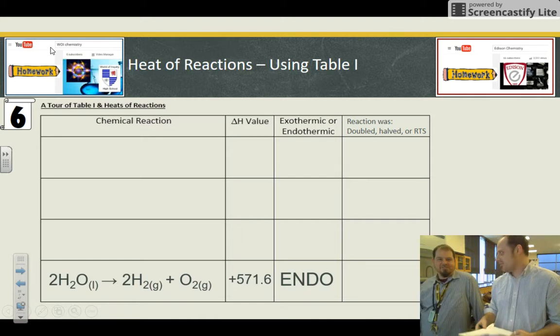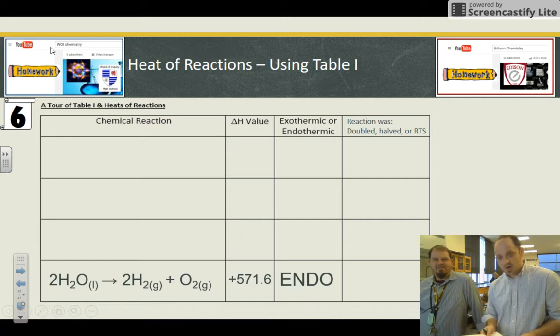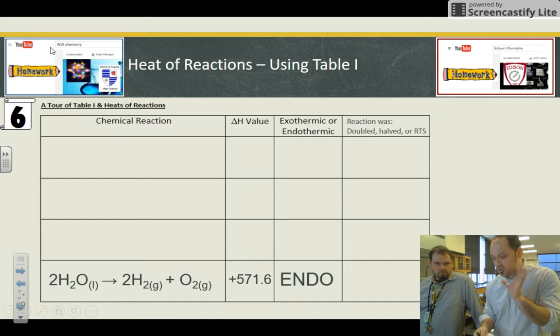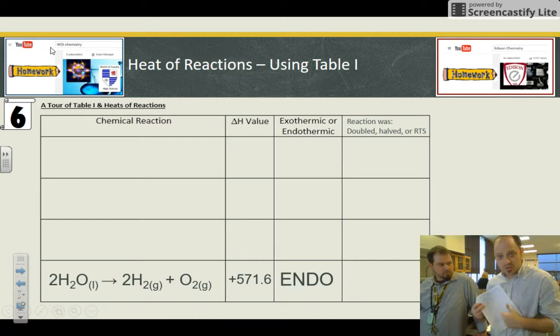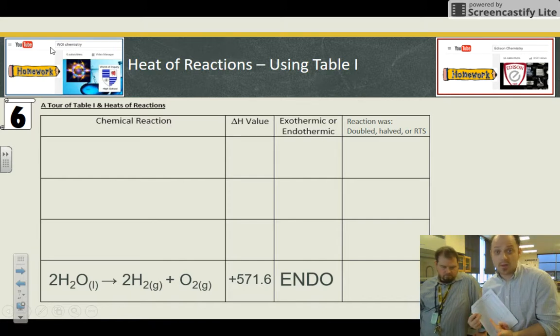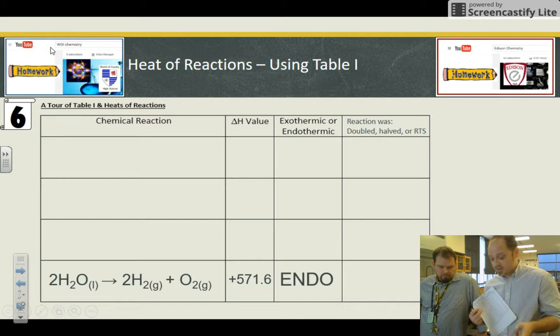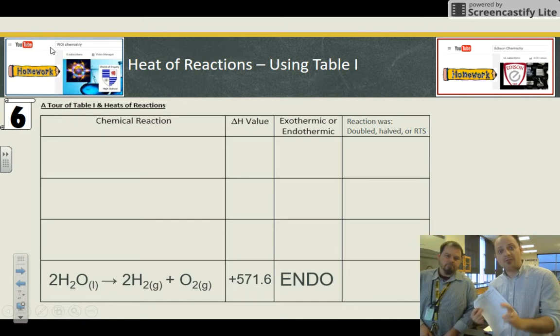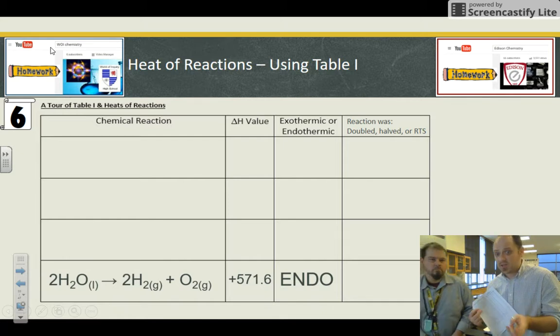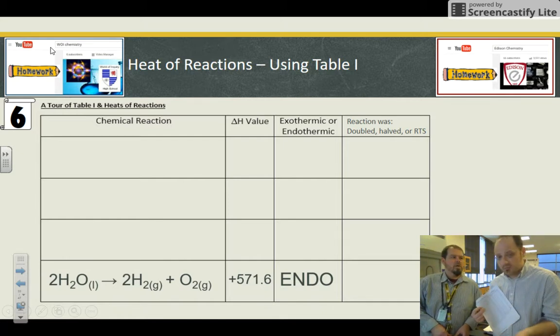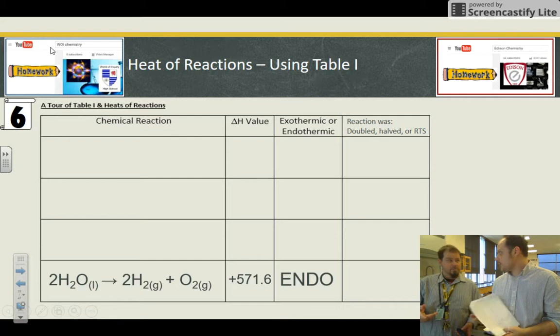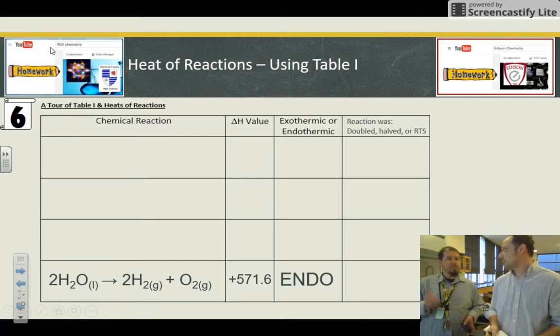So this lesson's pretty simple because we need you to remember 2 things. If you see a chemical reaction and it wants to know what the heat of the reaction was, you go to Table I. The second part of that is if you see the reaction flipped or doubled, you have to flip the sign of delta H or double the value of delta H. And then the first thing we learned in the video was negative is exo, positive is endo as far as delta H values.